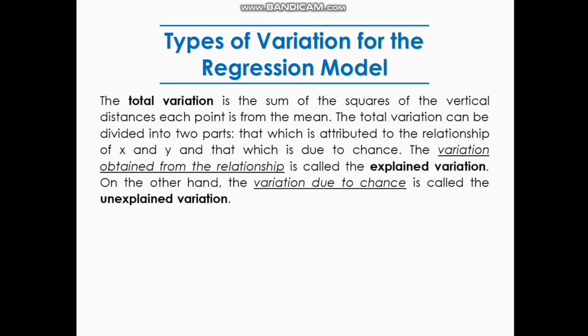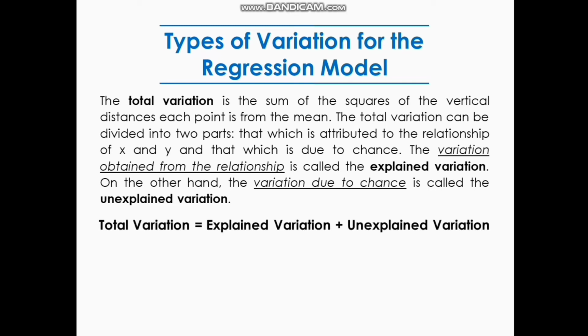The variation obtained from the relationship is called the explained variation. On the other hand, the variation due to chance is called the unexplained variation. So the total variation is actually the sum of explained variation and unexplained variation.